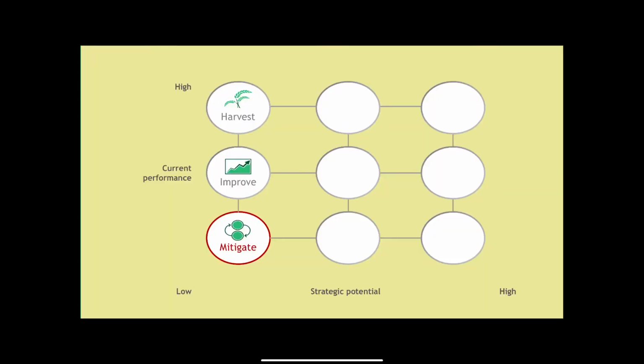Which now brings us to the lowest portion in the first column. This is mitigate. So if a supplier really slips in terms of performance, here normally the next step would be phasing the supplier out. Normally suppliers in the first column with limited strategic potential should be commodity, right?